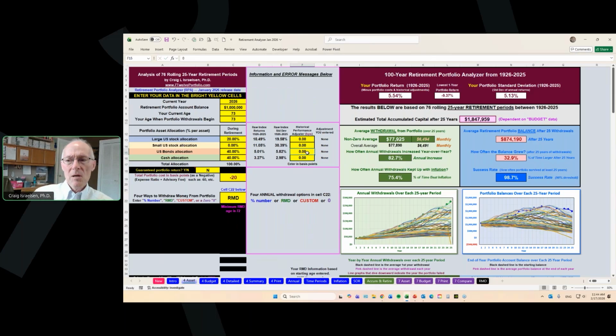If we say, you know what, I want a different historical reality, because essentially we're using this type of historical analyzer to cast a shadow of what to anticipate going forward.